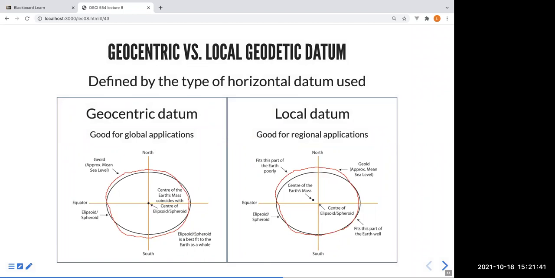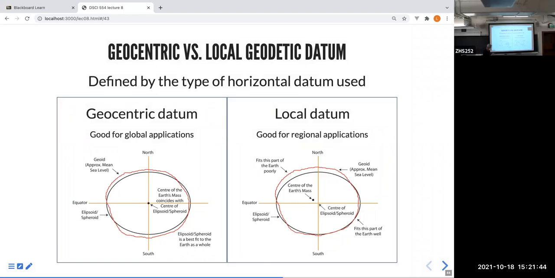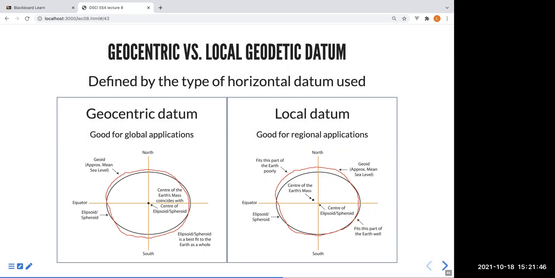Now this data, so horizontal and vertical, you can define them in different ways. You can have some that are based on geocentric, which means that they're related to the center of mass of Earth, and they work well in general for the planet, but they're not necessarily good locally.